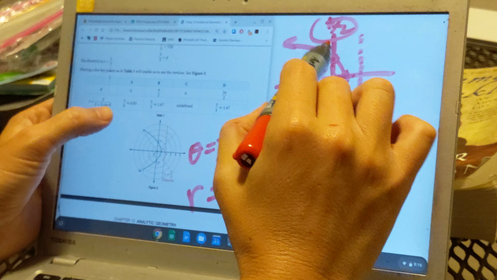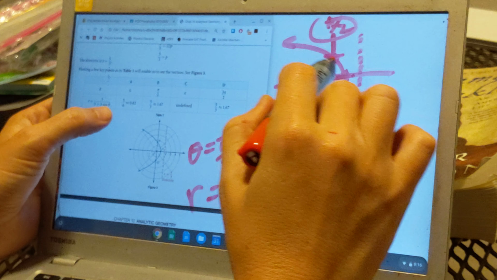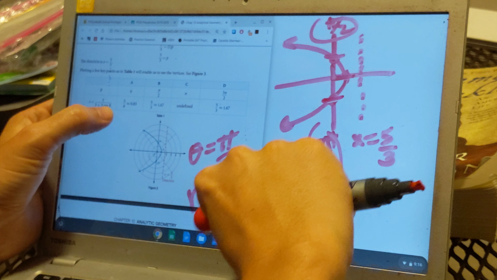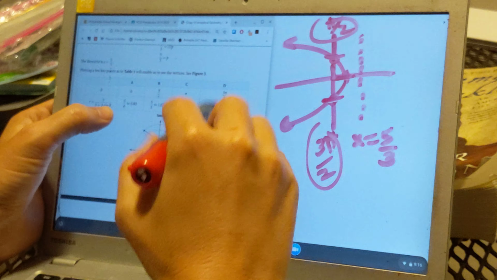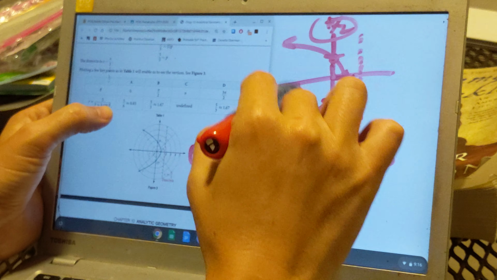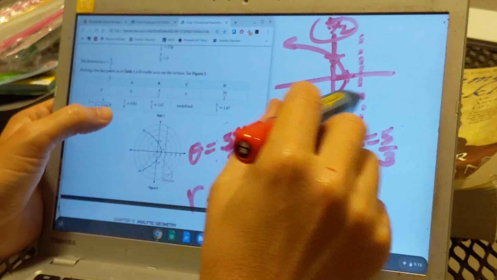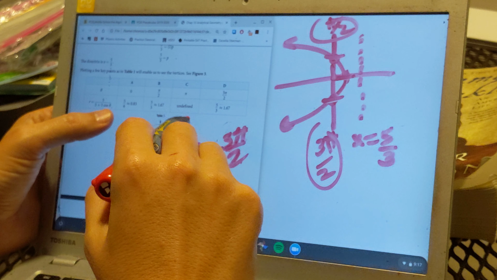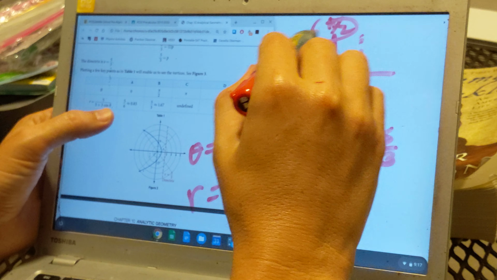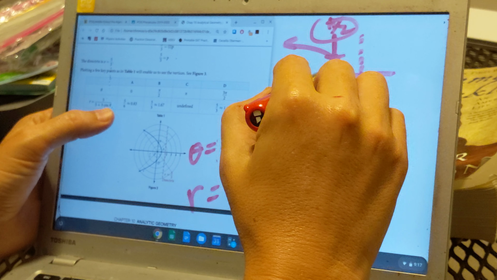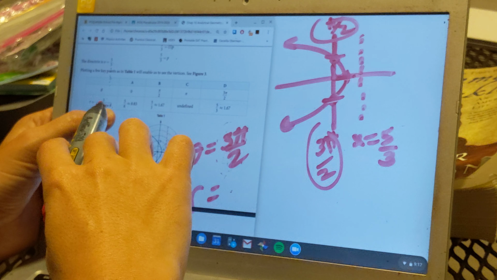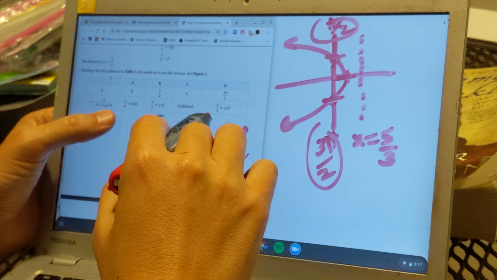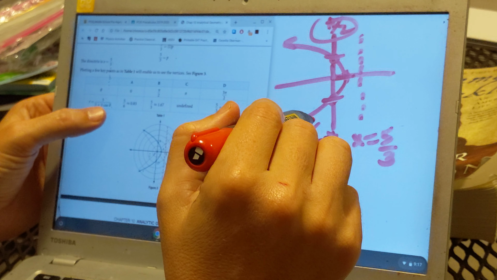So that means we go up 5/3, right? And theta is pi over 2. And now to get the other one, we put in 3 pi over 2. That means we're going all the way around here. Now this is interesting. The cosine of 3 pi over 2 is going to be, hold on, let's double check this.